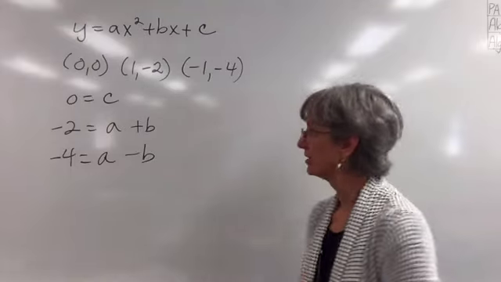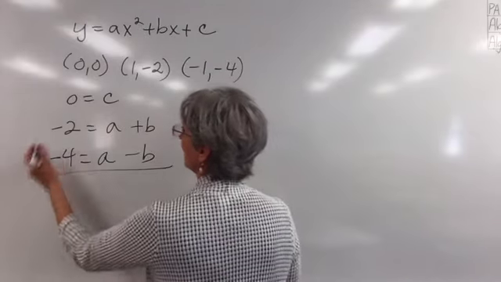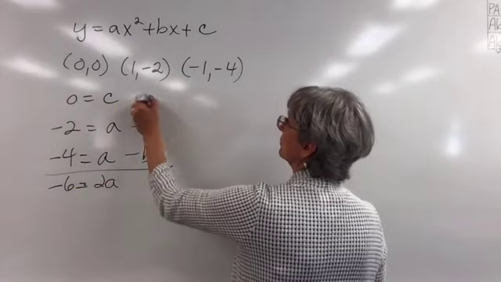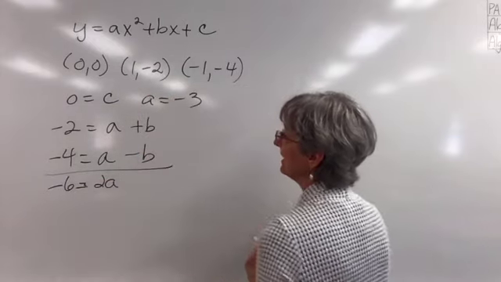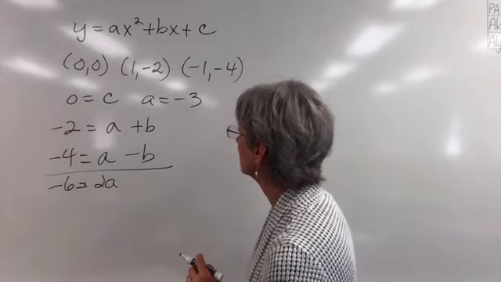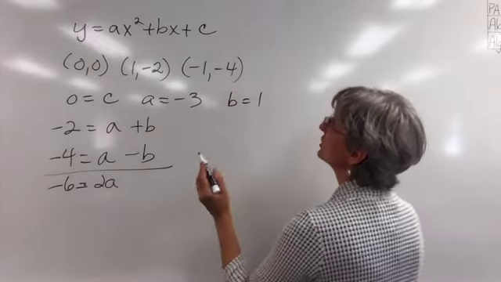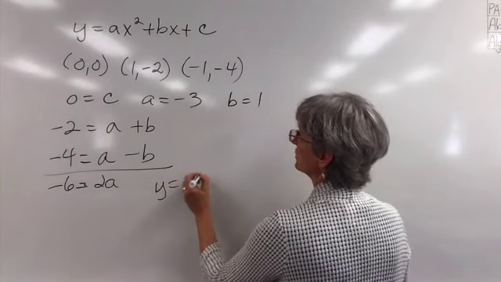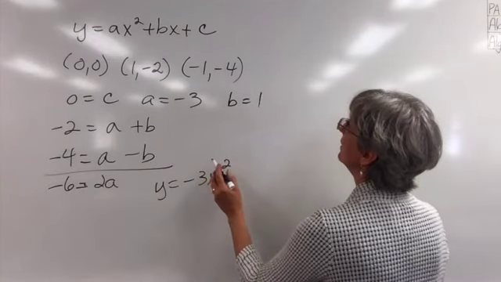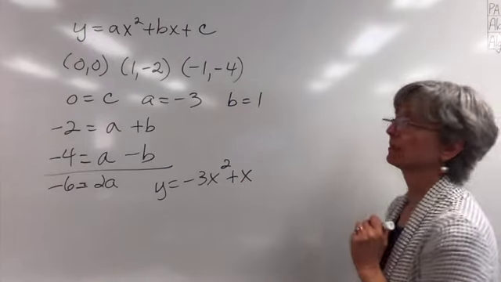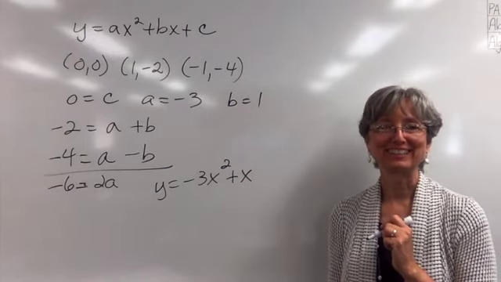So we can add them together and eliminate the a's. We get -6 equals 2a. So a is -3. And if a is -3, then it looks like b is 1. So our equation is y equals -3x squared plus x. And that's it. How did you do?